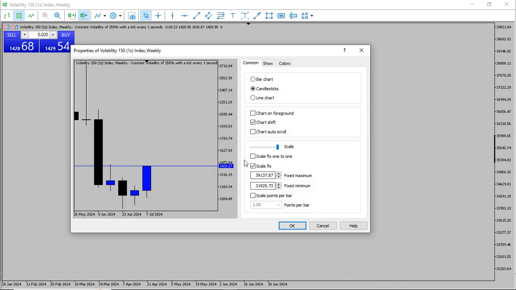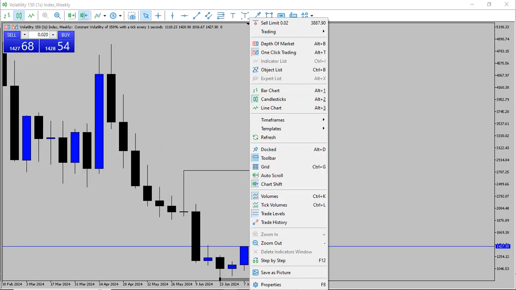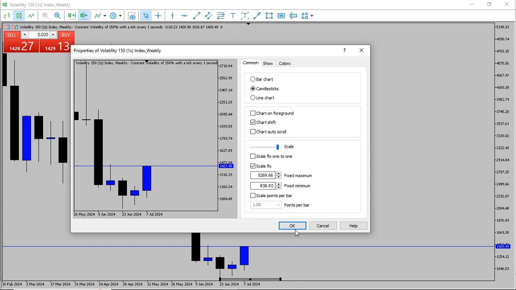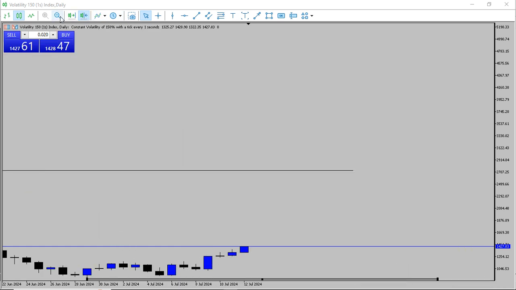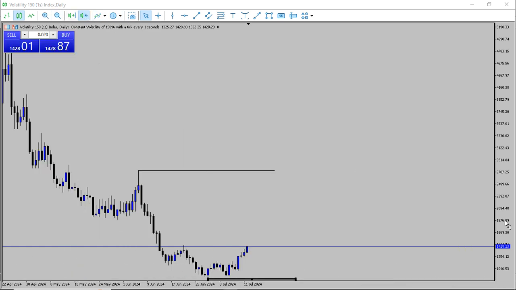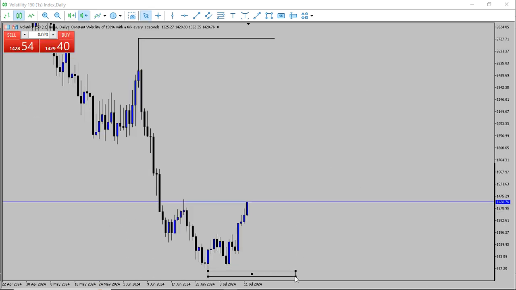So what I'm going to do is go back, click on here, remove it, and put it back again. All right, so let me go down to the daily time frame, and right here I have my settings. Bring it up, bring it up. All right, so this is now the long-term range that I'm dealing with.